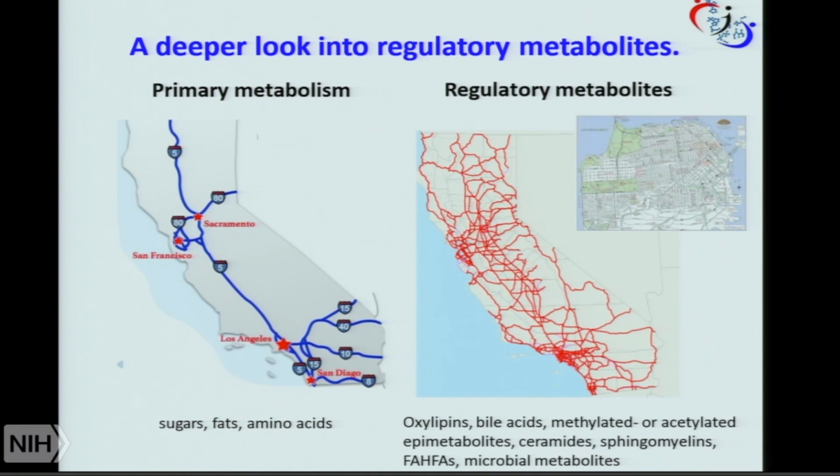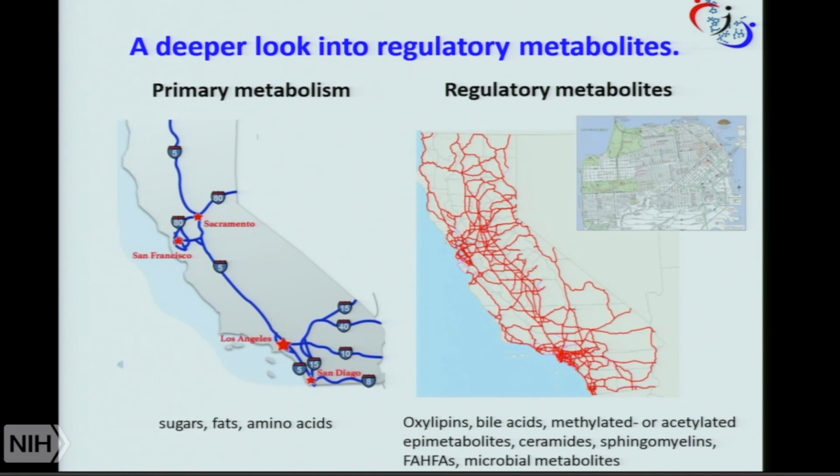Then they send all the energy down to San Diego and Los Angeles, where the mitochondria reside. And as we have learned, mitochondria are really important, Hollywood, and they make more money there in terms of ATP and NADH. So this is all very important and tells us about sugars, fats, and amino acids if this was glycolysis and primary metabolism.